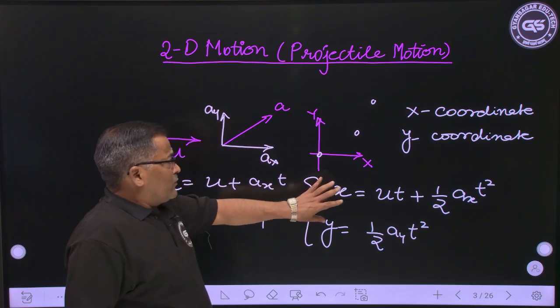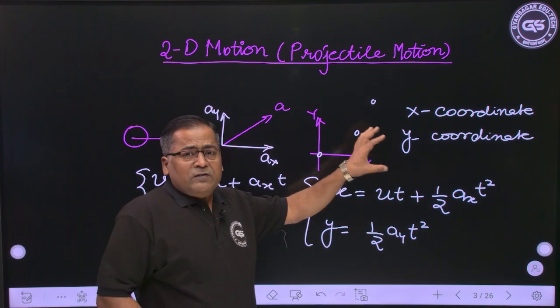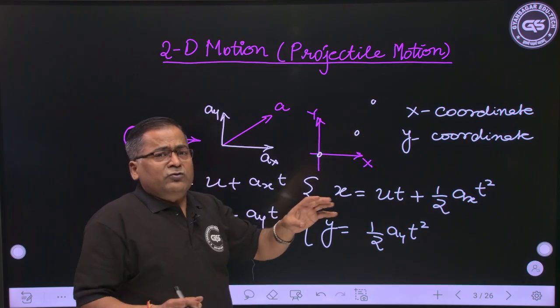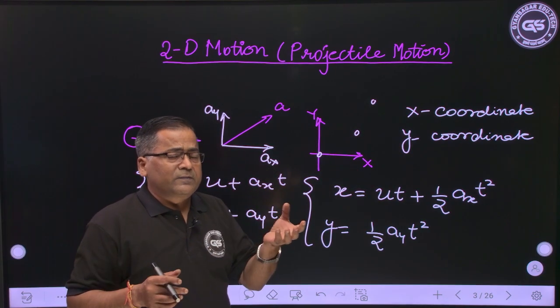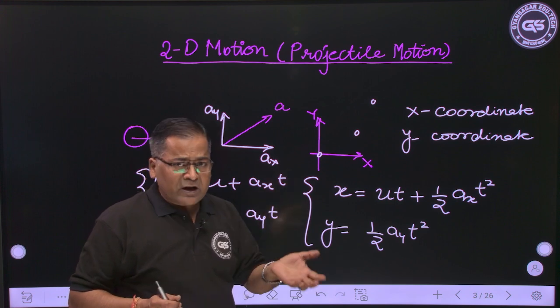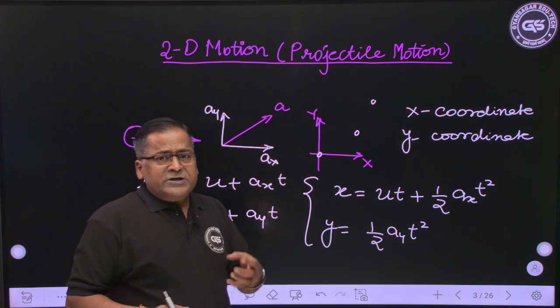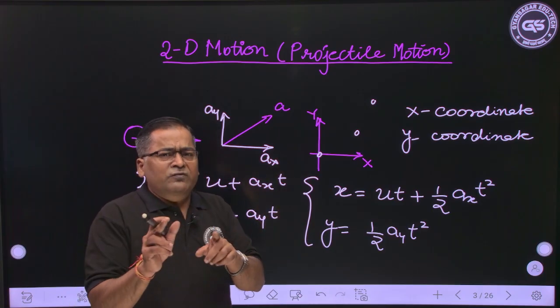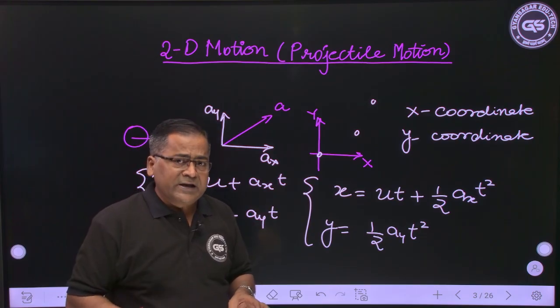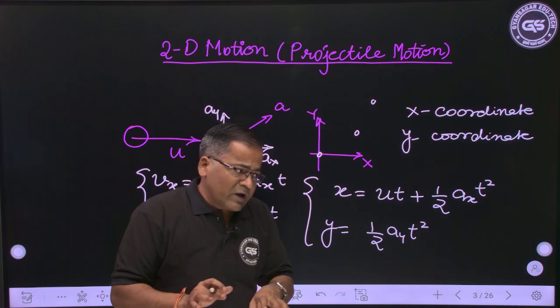So we are trying to take a look at what is plane motion. In plane motion, any two coordinates, maybe x coordinate and y coordinate, or y coordinate and z coordinate, or z and x. Any two of the three should be changing simultaneously. Then it is a case of two-dimensional motion.